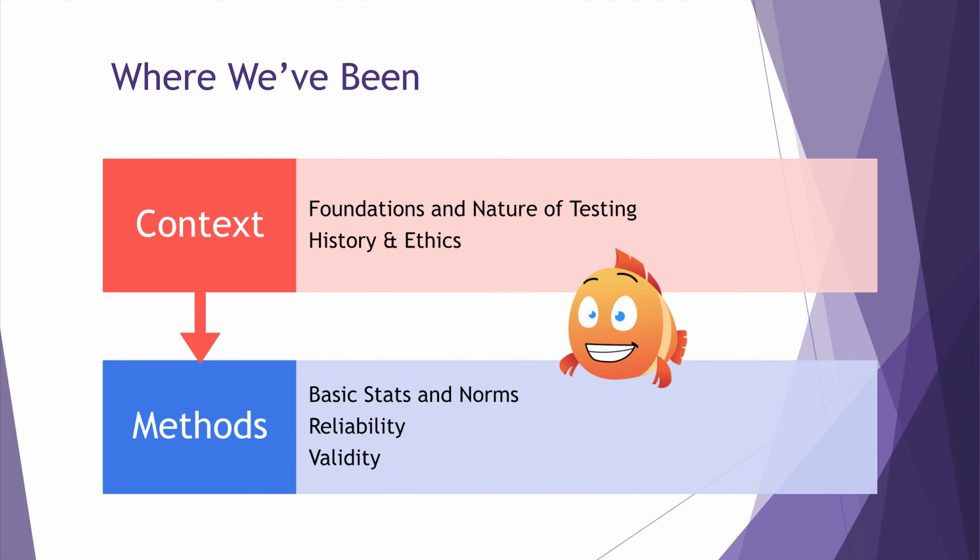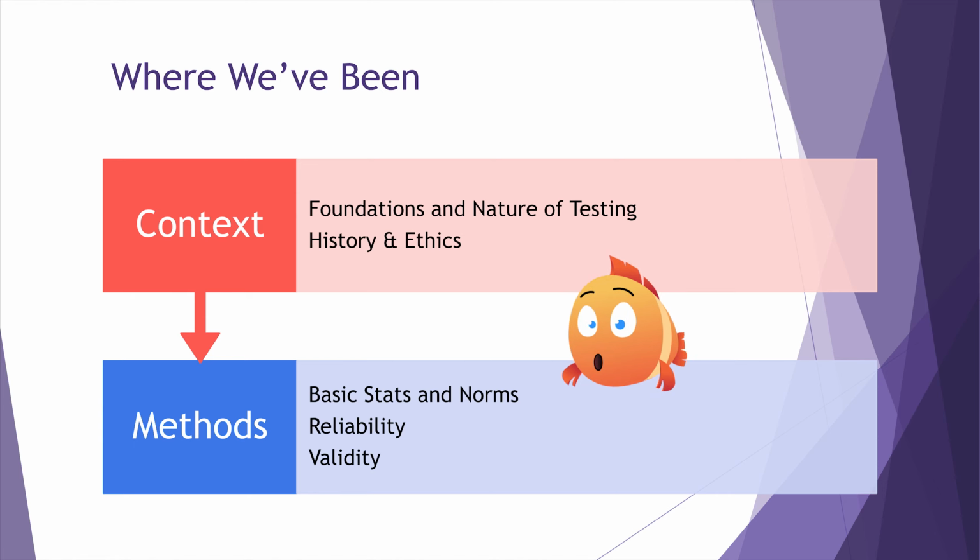So, we have covered a lot of material this semester so far. I'm gonna just give us a little brief overview to remind us where we've been. We first started talking about the context of testing, focusing on the foundations and nature of testing, as well as dedicating serious time to think about the history of testing, as well as some of the ethical implications.